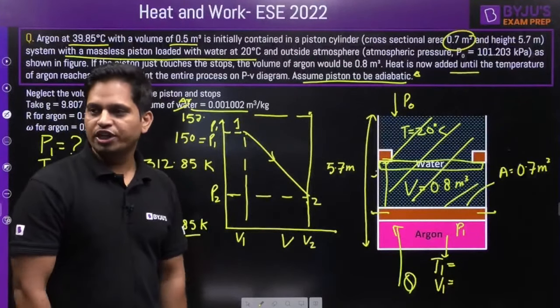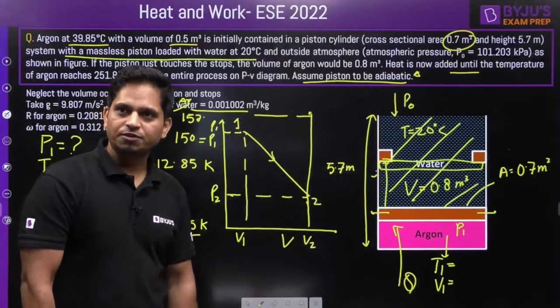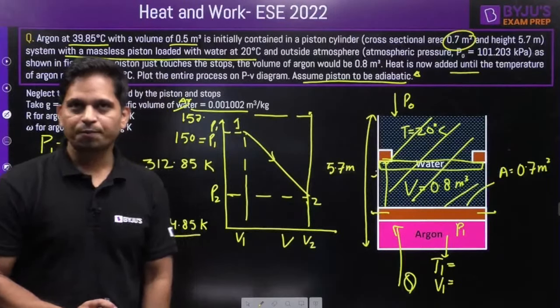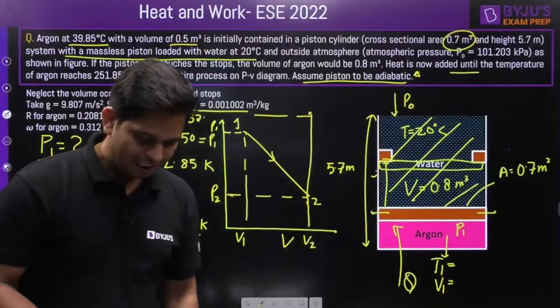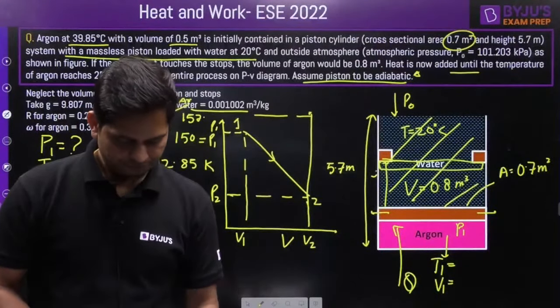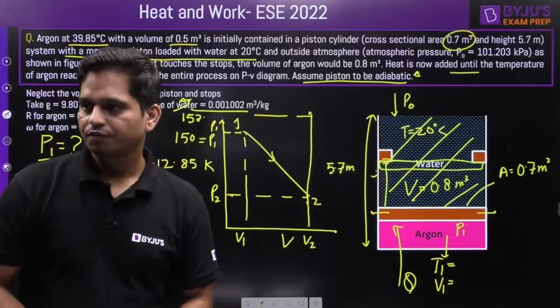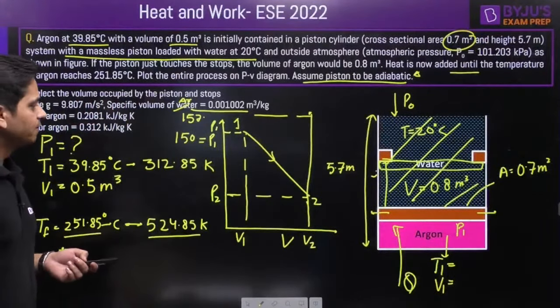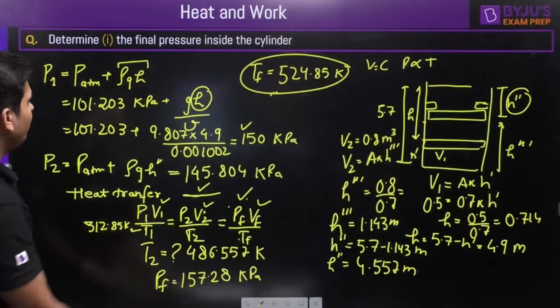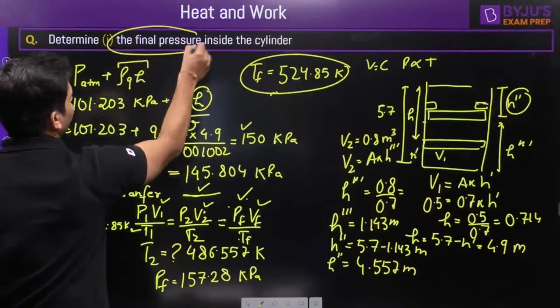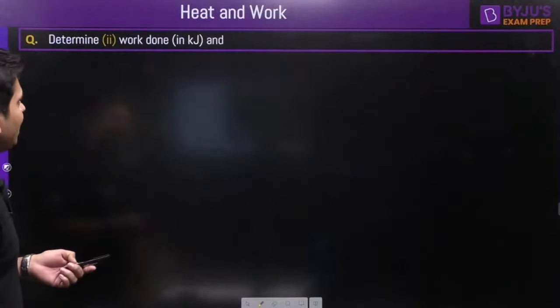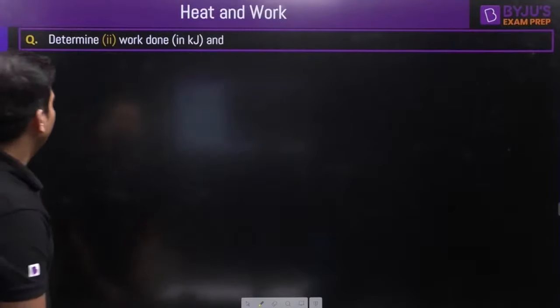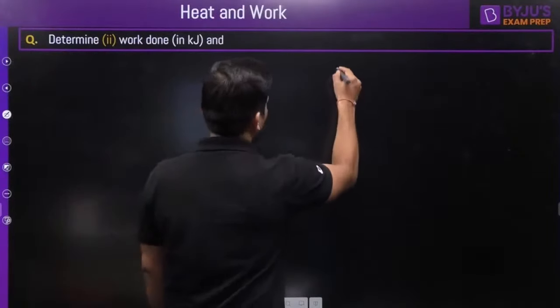So pressure is going to change and temperature is going to change. This much is clear? So we will move ahead. P final they were asking, we have calculated P final. Now they are asking to calculate the work done in kilojoule.